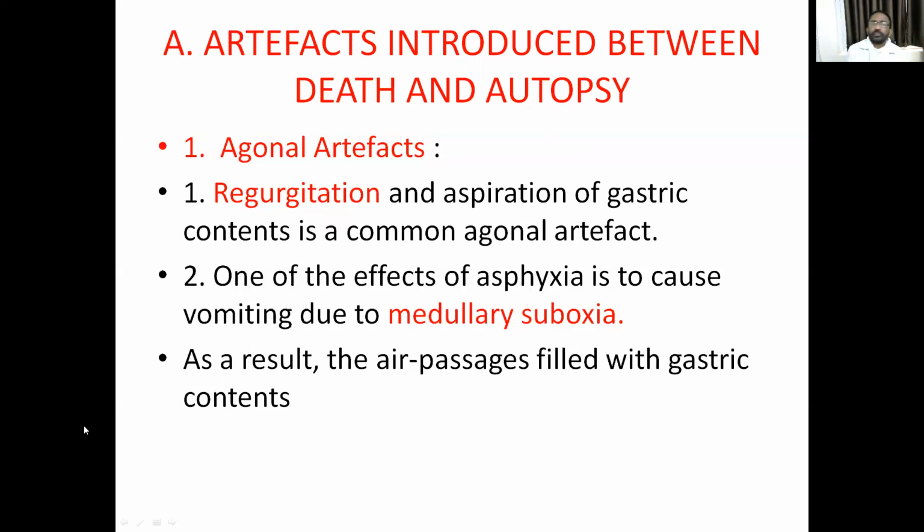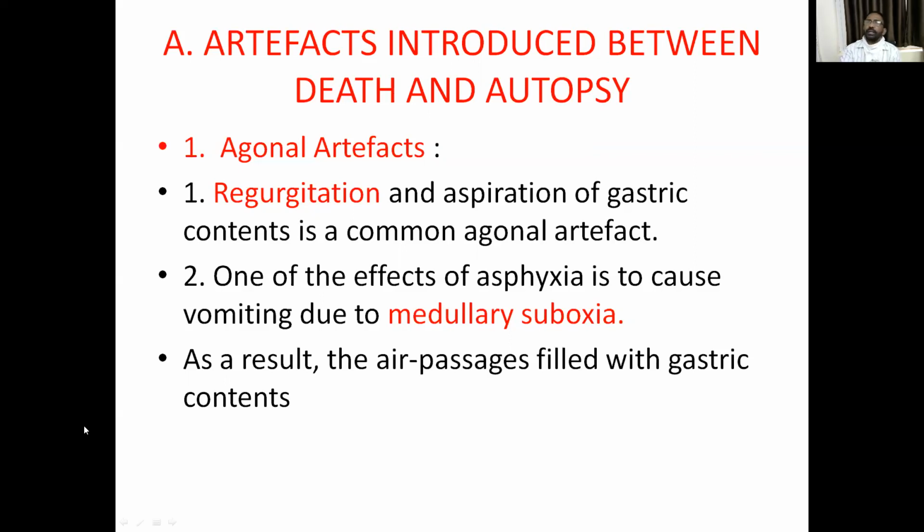That means agonal artifacts. That means when a person is dying for any cause, either diseases, or any injury, or any road traffic accident, he will go into a stage of agony due to stress. So this agony and stress produce an aspiration of gastric contents, but the death is not due to the aspiration of the gastric contents.